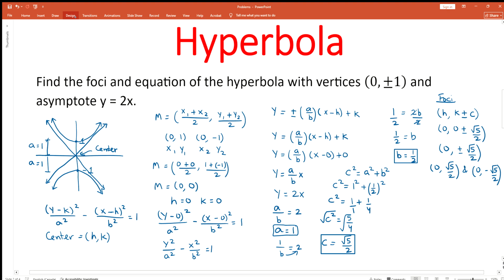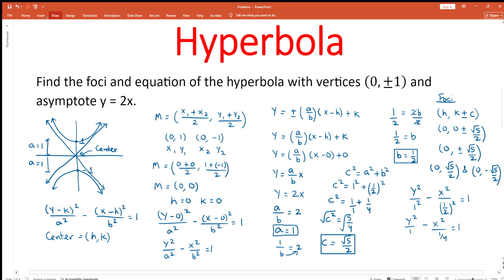Next we can write the equation of the hyperbola. A is 1, b is 1 over 2, 1 square is 1, (1 over 2) square is 1 over 4.